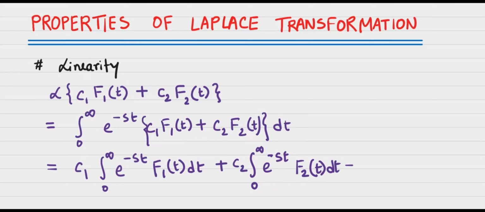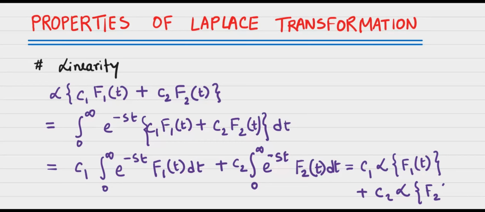What this shows us is that it is equal to c1 times the Laplace transformation of f1 of t plus c2 times the Laplace transformation of f2 of t.